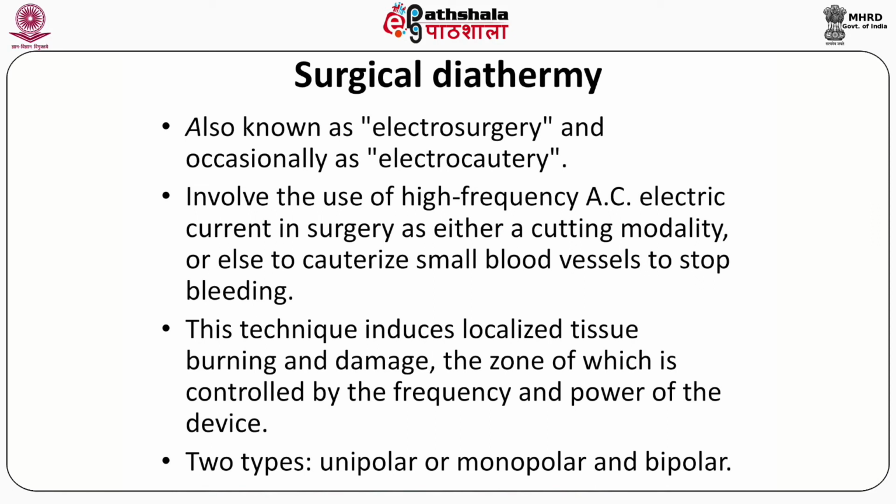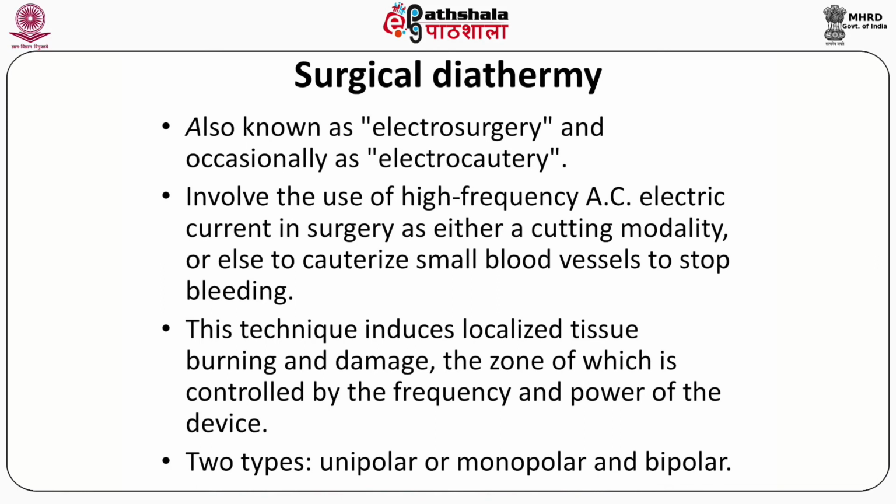Surgical diathermy is also known as electrosurgery or occasionally as electrocautery. It involves the use of high frequency AC electric current in surgery as either a cutting modality or to cauterize small blood vessels to stop bleeding.